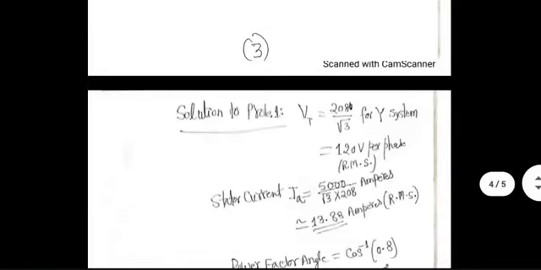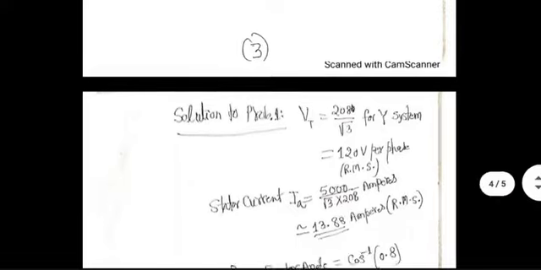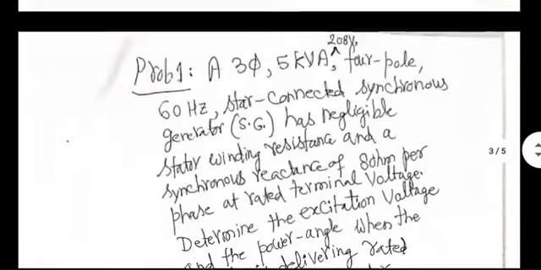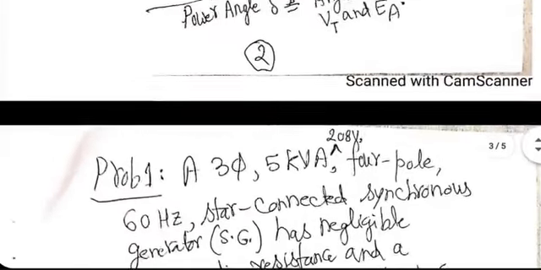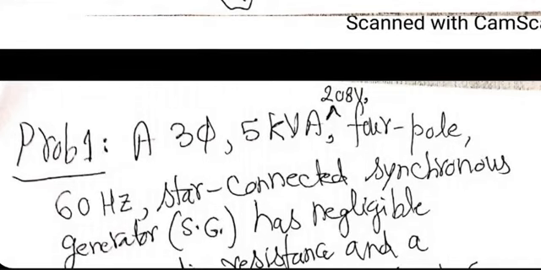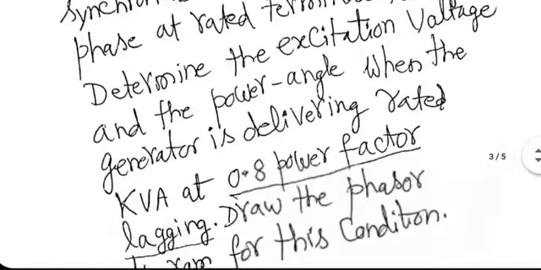Next, what do we do? Remember, it's a three-phase machine. What you are given is the line voltage magnitude, and it is a star connected machine. You know that for star connection, the line voltage divided by square root of 3 gives you the phase voltage.